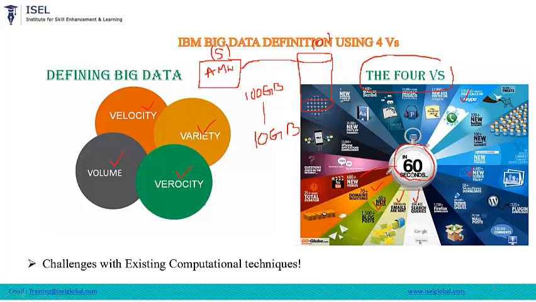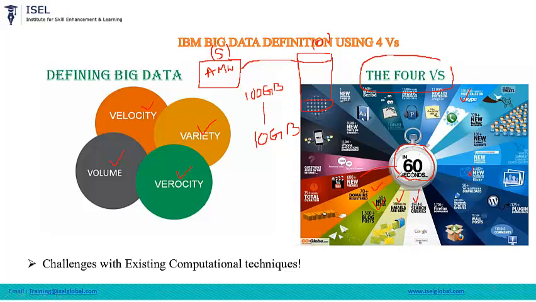And the veracity: whatever you are getting into the warehouse does not mean everything is useful for our data analytics purpose. We have to extract the portion of data to continue with our data analytics. That is the reason we call it veracity. So this picture clearly shows the 4 V's involved in big data.